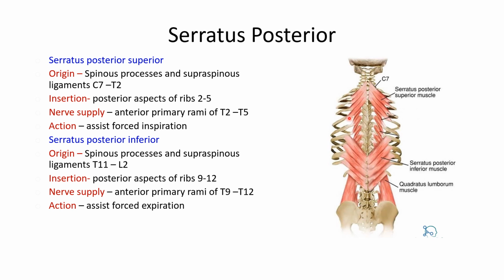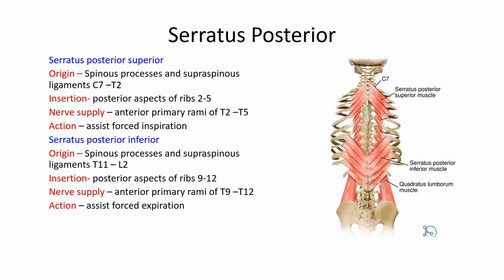Their insertion is onto the posterior aspects of the ribs 2nd to 5th. Their nerve supply is anterior primary rami of T2 to T5 nerves. Their action is they assist forced inspiration. That is the serratus posterior superior.